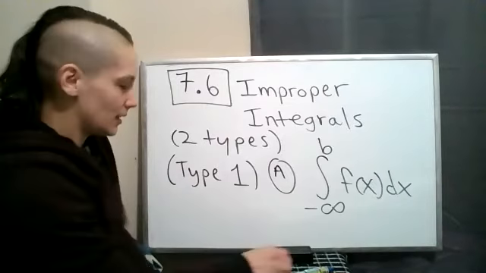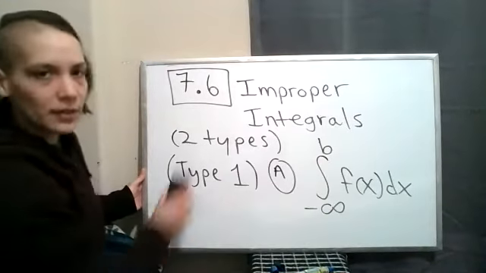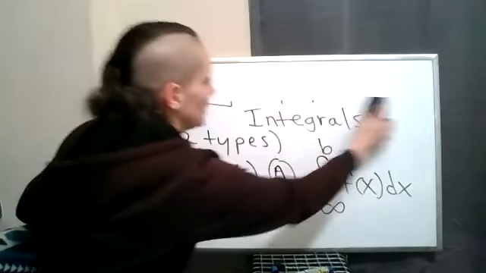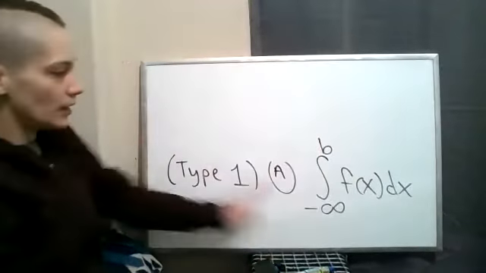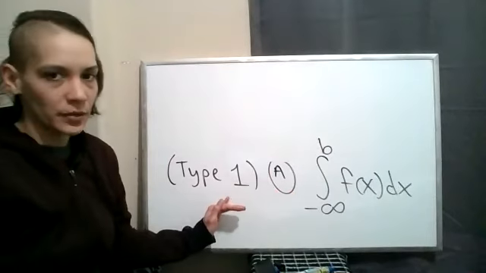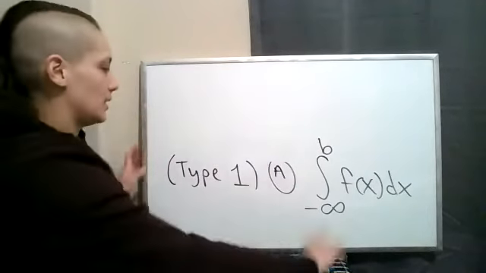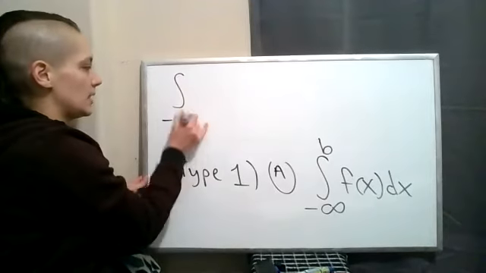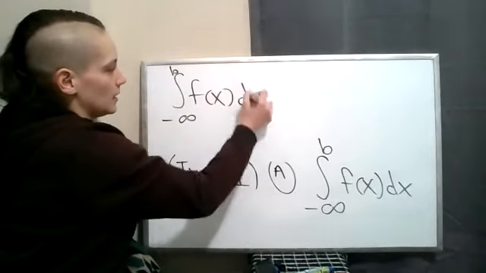And, I wish I had a bigger whiteboard, kind of working towards a better setup actually, but we'll see. Okay, so different kinds of improper integrals. This is one of them. And what we're going to do is take this integral from negative infinity to b of f of x dx.